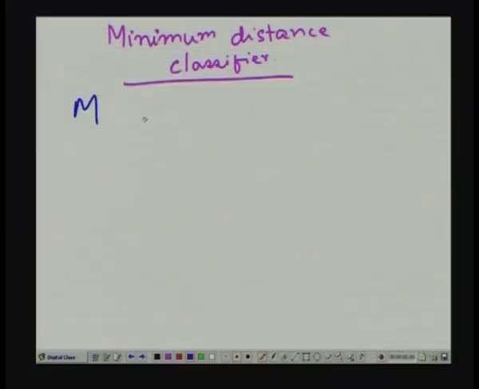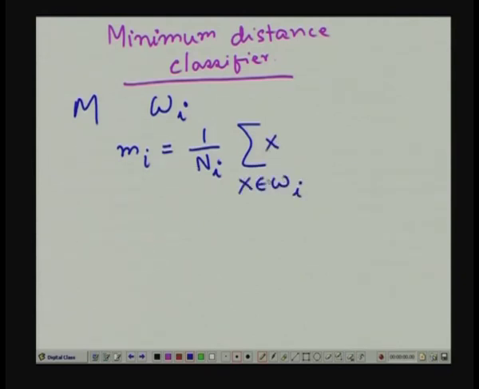So, every ith class is represented by a mean feature vector, where the mean feature vector of object class omega i is obtained as m i equal to 1 upon n i summation of all the feature vectors x for all x belonging to class omega i.